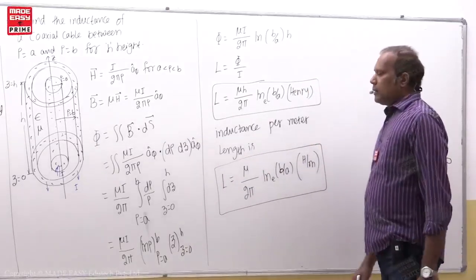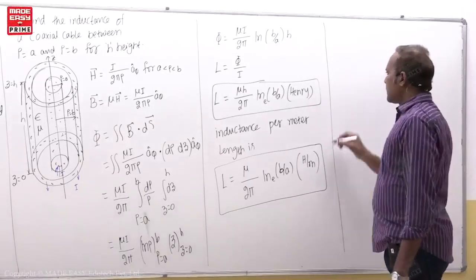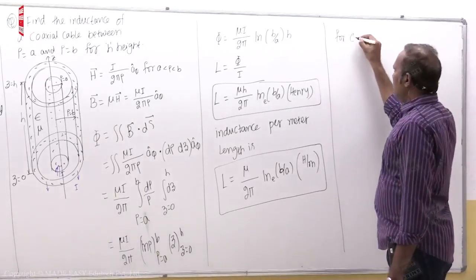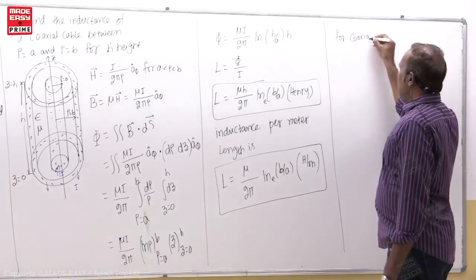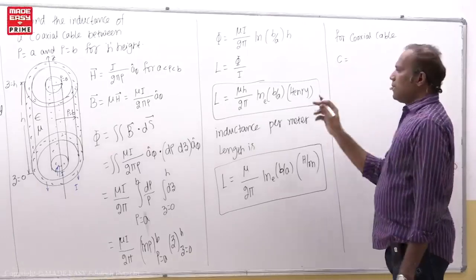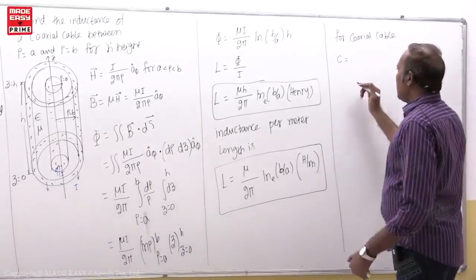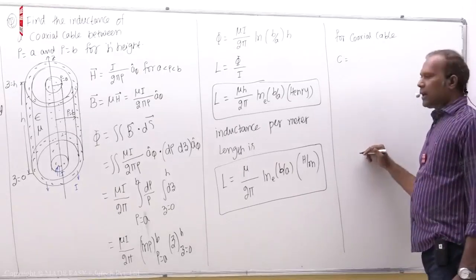So dear students, already you have seen for coaxial cable, the capacitance between A and B region for H height was, if you recall, we have derived that actually.